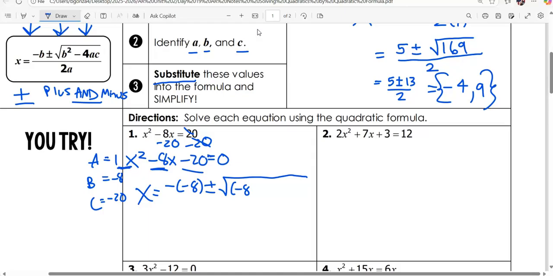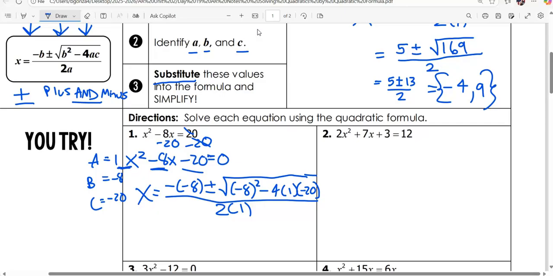Negative 8 squared minus 4 times A, which is 1, times C, which is negative 20, divided by 2 times A, 2 times 1.